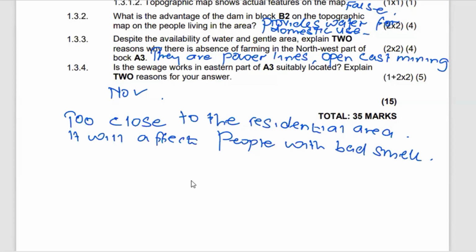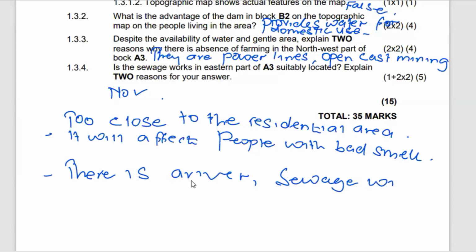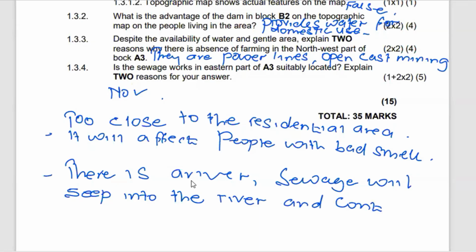And then you can say there is a river. Sewage will seep into the river and contaminate the river and the dam.